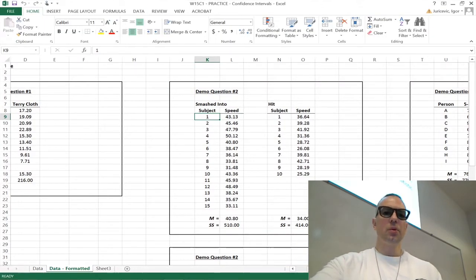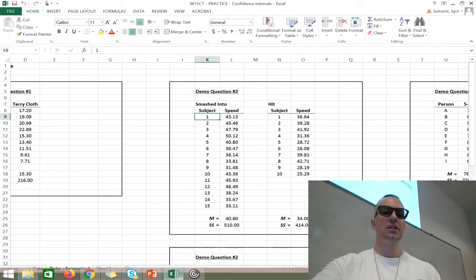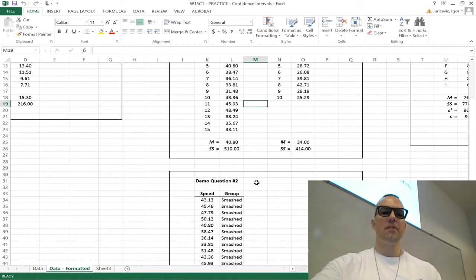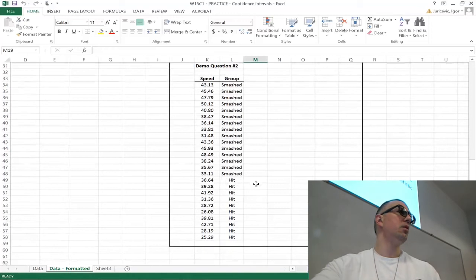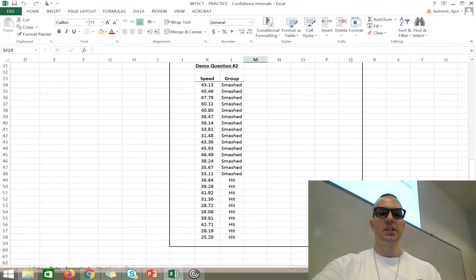The other thing that I'll mention is we've already gone through how to format data for an independent means t-test. Because we've already done that, I do have it pre-formatted and ready to go in Excel, right below the t-test there.